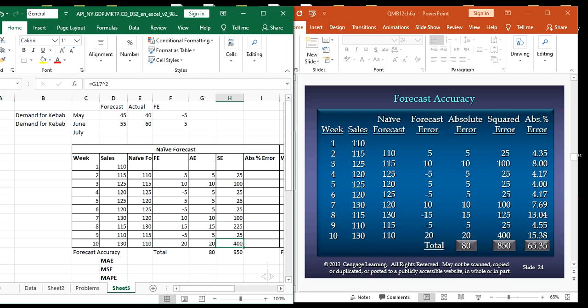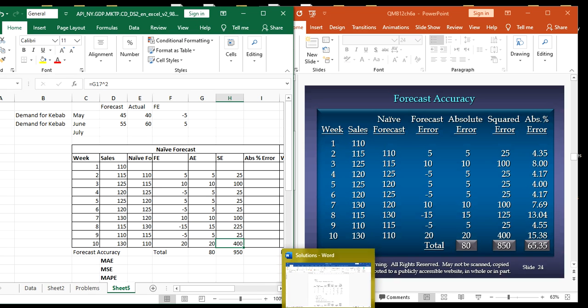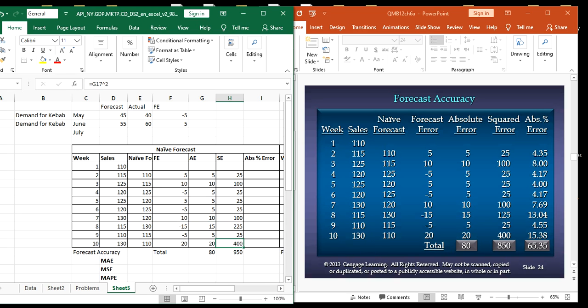So there's a mistake over here. I don't see any mistake in my calculation, but the example of the book gives us 850, so I will go with 850.